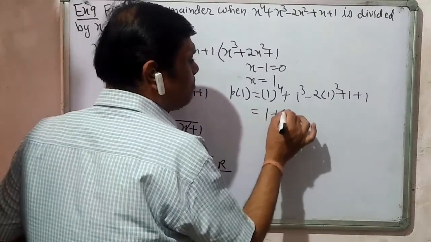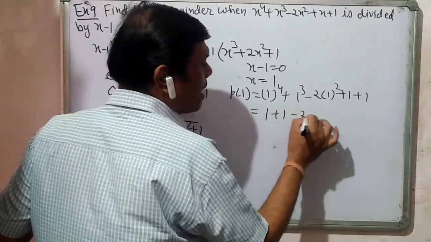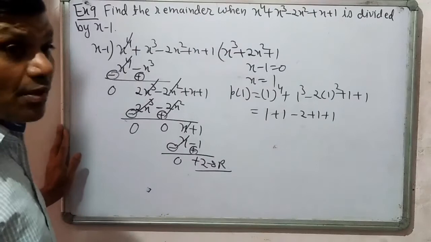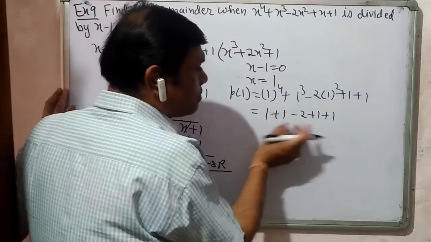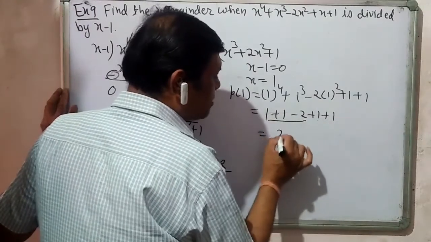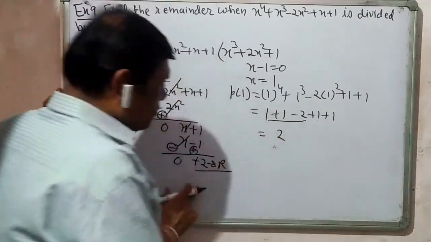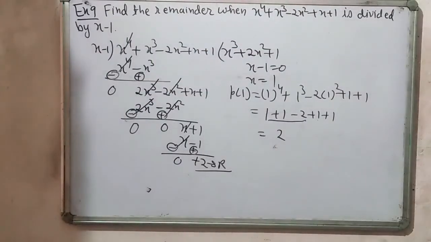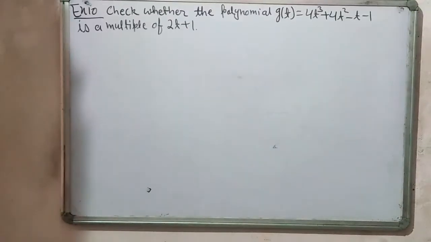This gives 1 plus 1 minus 2 plus 1 plus 1. Right? 1 plus 1 is 2, minus 2 gives us 0, plus 1 plus 1 is 2. So we have verified the remainder obtained by dividing as well as by using the remainder theorem.